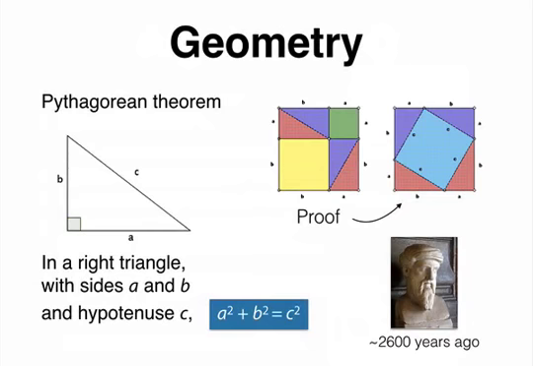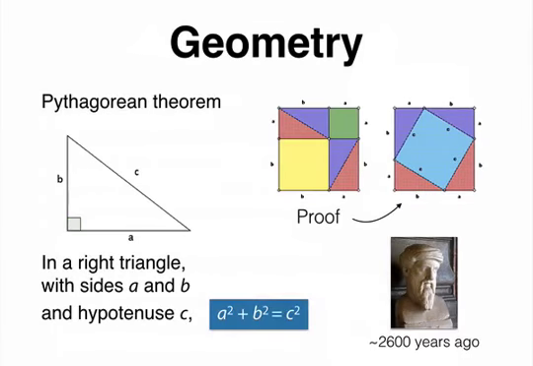Now look on the right. We rearrange these 4 triangles. They're the same triangles, 2 blue and 2 red. But we rearrange them in such a way that inside we form a C squared square. So if the outer square is the same size, then A squared plus B squared equals C squared. So that's how you can prove the Pythagorean theorem.